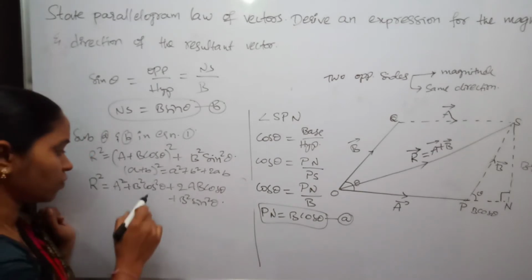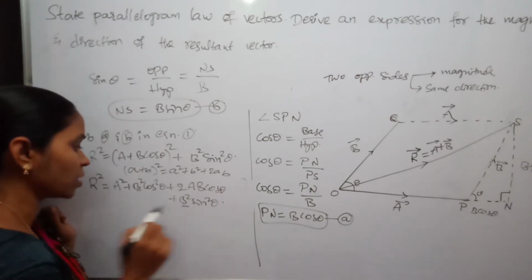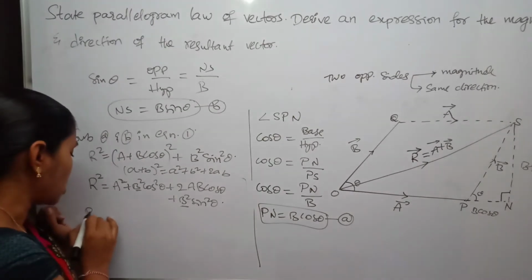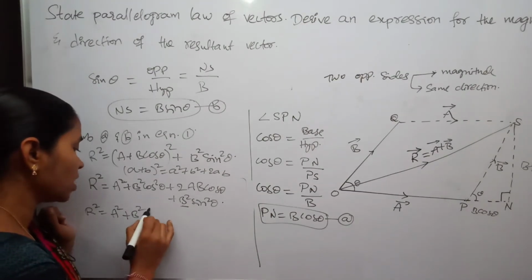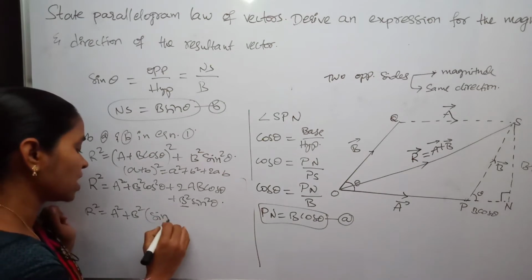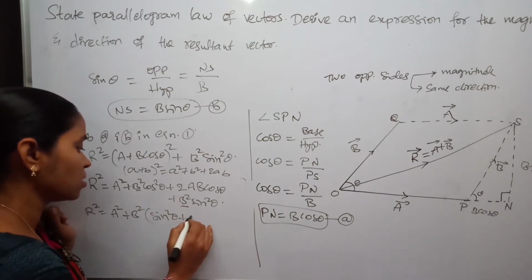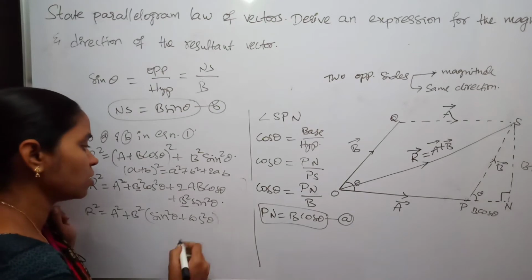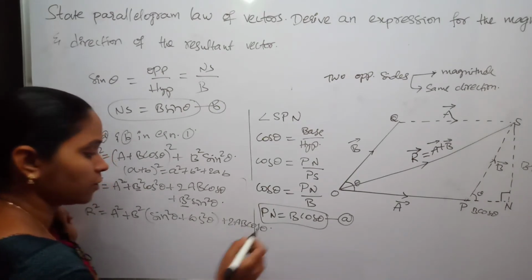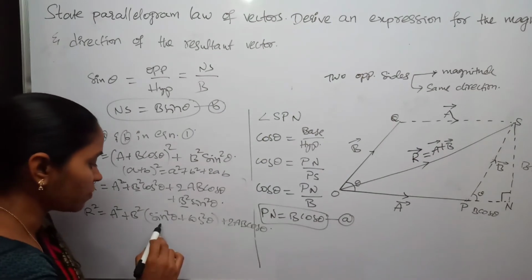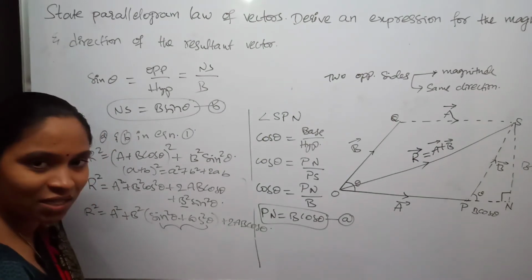If you observe carefully here, you can take B square common. Therefore, R square is equal to A square plus B square into (sin square theta plus cos square theta) plus 2AB cos theta. And what is the value of sin square theta plus cos square theta?